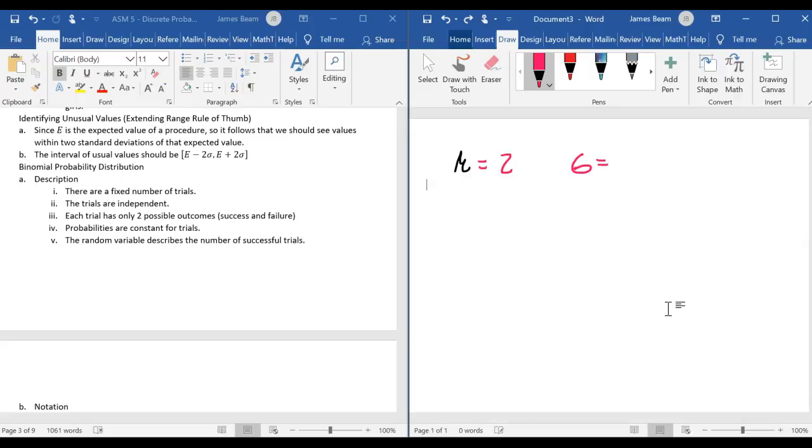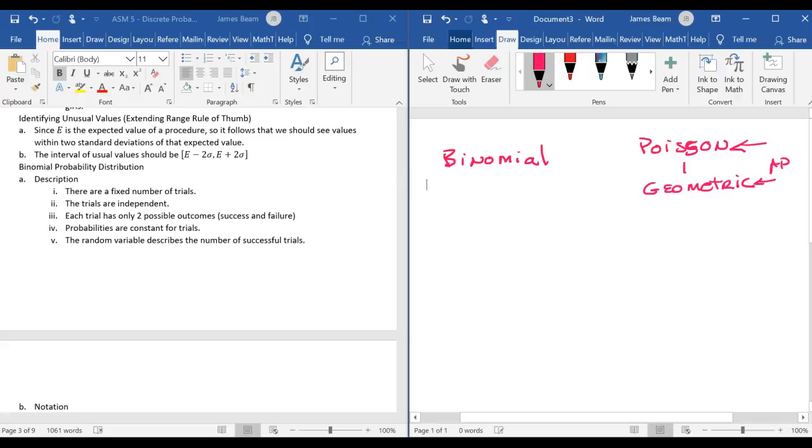Almost every beginning statistics course does teach the binomial distribution, and usually one other as a discrete form. Usually they pick one of two: they either pick Poisson or they pick geometric. I go with Poisson because of its ease of calculation. The AP exam uses the geometric.